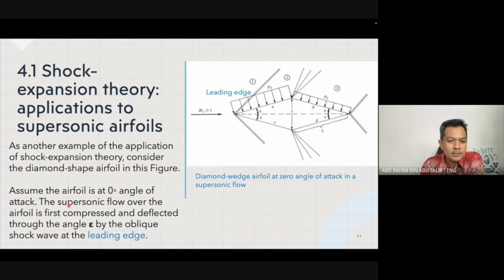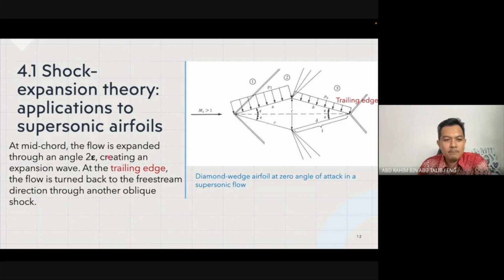The supersonic flow over the airfoil is first compressed, and then deflected through an angle, which we call epsilon, by the oblique shock wave at the leading edge. If we zoom in, we have the symbol epsilon for top and bottom, because it is a diamond wedge, it is the same angle.